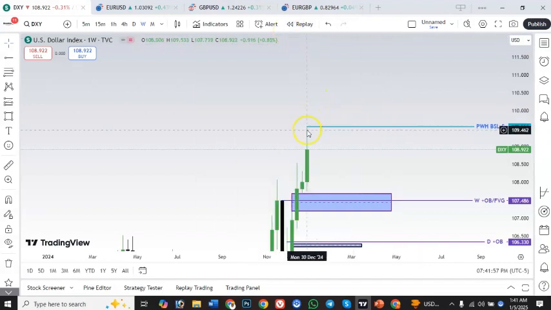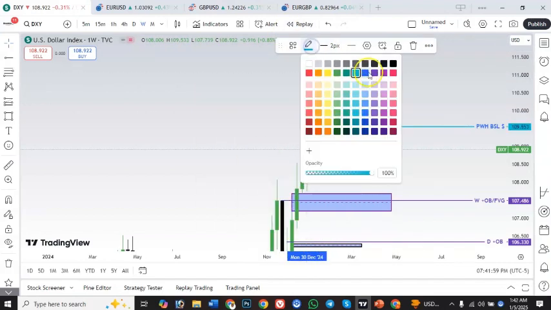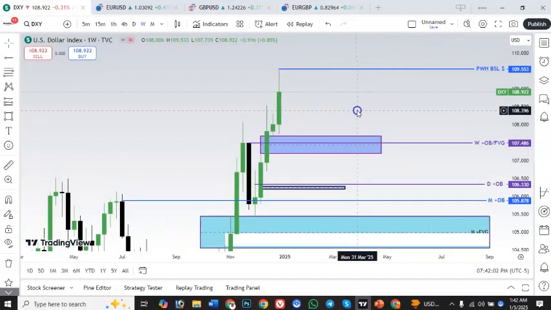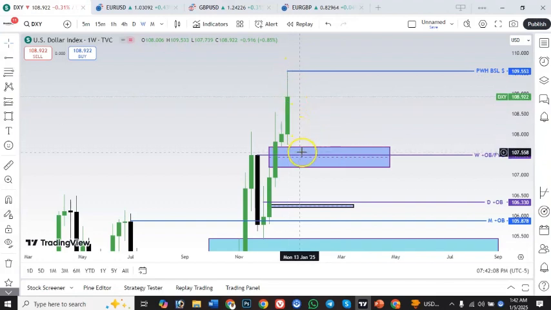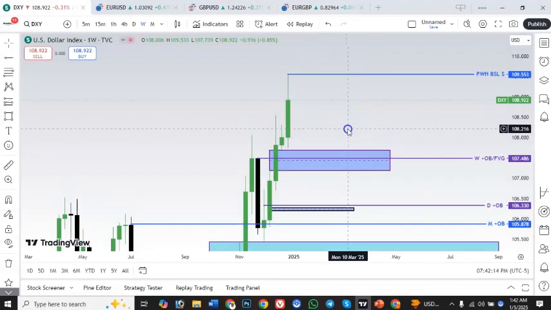This is how I always put it. Now, what I'm expecting to see is, where the price is right now, when it trades into this place, I would love to see it come back to take this high, or it will run up. So that's what I'm looking to see on the DXY weekly chart.